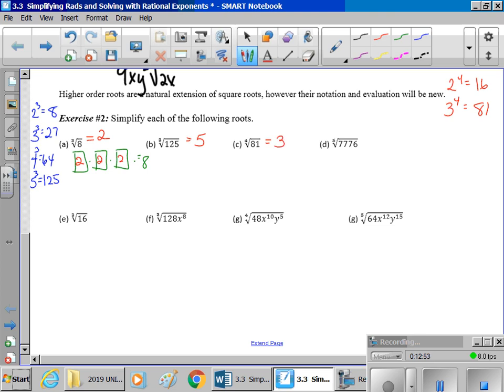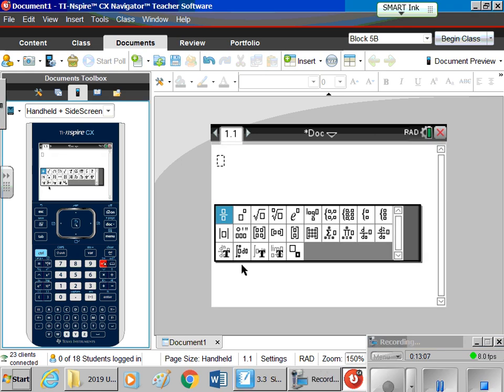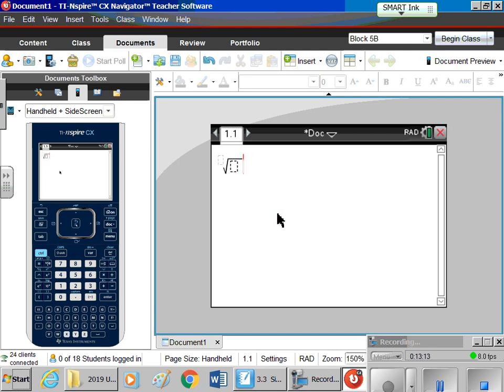Now, if you have numbers crazy like this, you can also use your calculator. So the fifth root of 7776. Now, if it's a perfect radical, you want to get your button next to your 9, and the fourth one in gives you different roots. So I can do the fifth root.